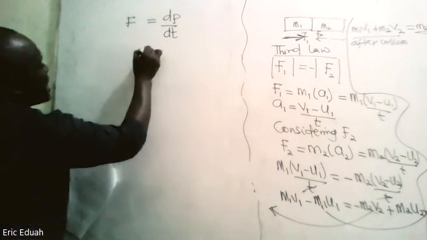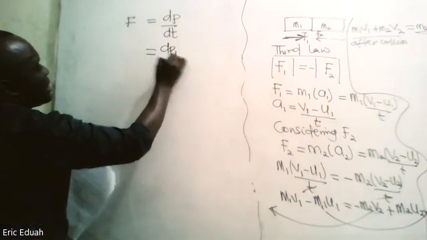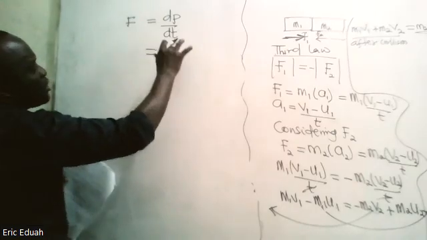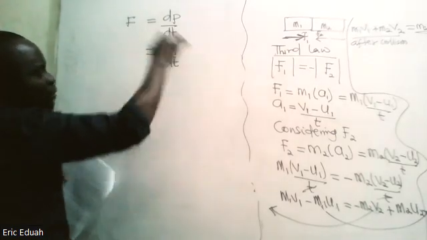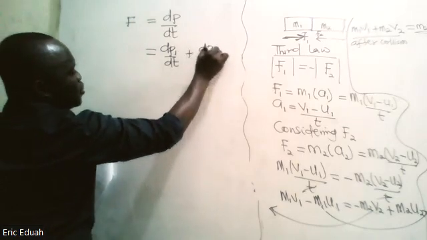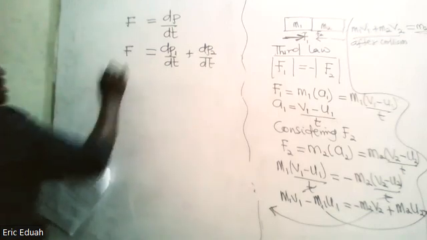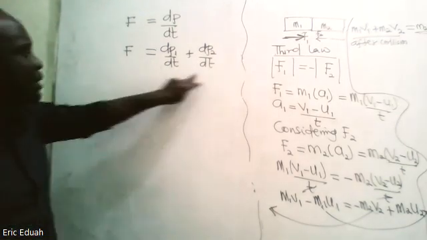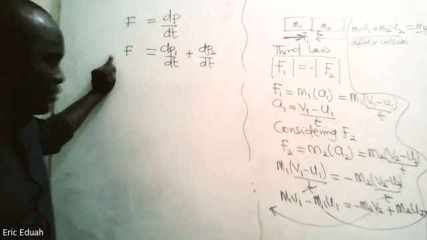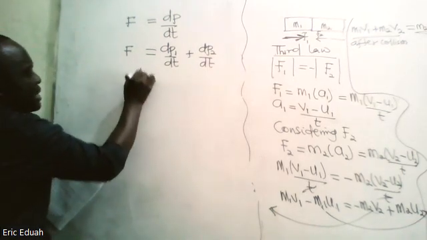So it means that if we take the P1, the rate of change of momentum of mass 1 with respect to time, plus the P2 with respect to time. And this can only happen when there is an external force. What is dp?